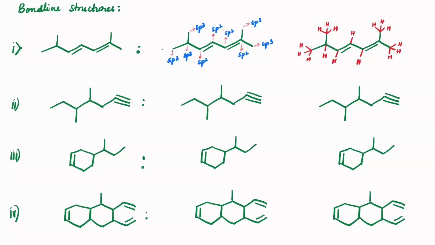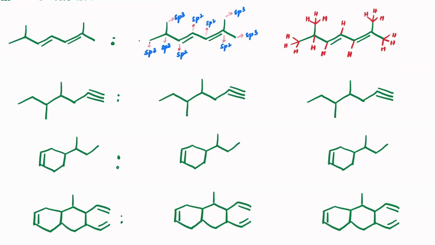Let's see. So first, let me figure out what the hybridization is here. In all these cases, since we have all single bonds, the majority of them are sp3. These two are not.